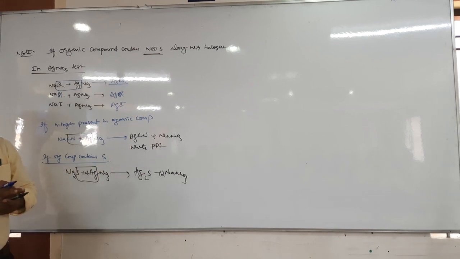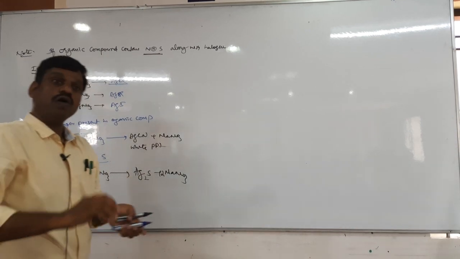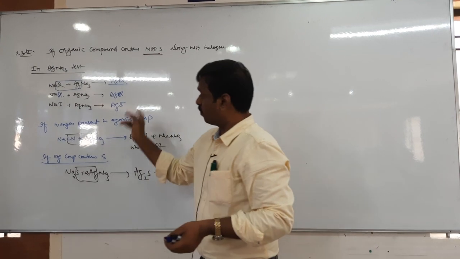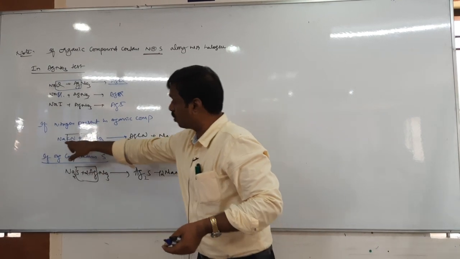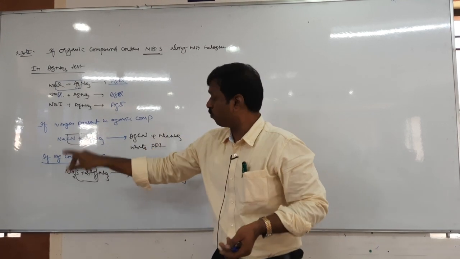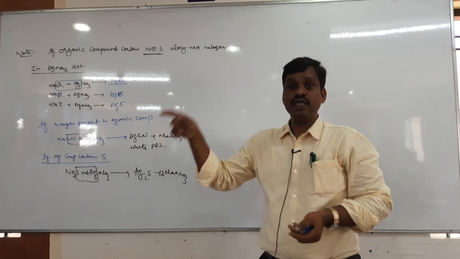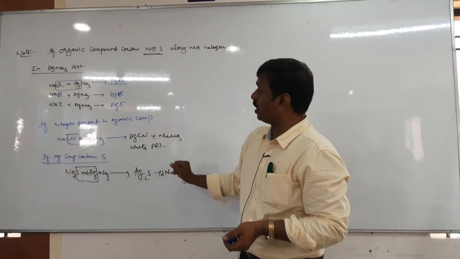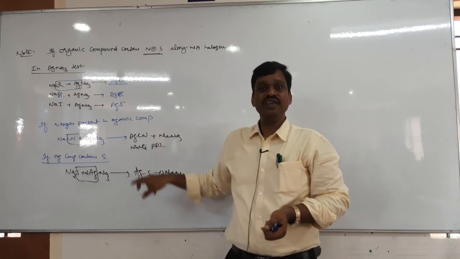But the problem is, along with halogen, if the organic compound contains nitrogen, that nitrogen converts into sodium cyanide, and that sodium cyanide also reacts with AgNO3 and forms a white PPT. Then the confusion is whether this white PPT is because of this or this.